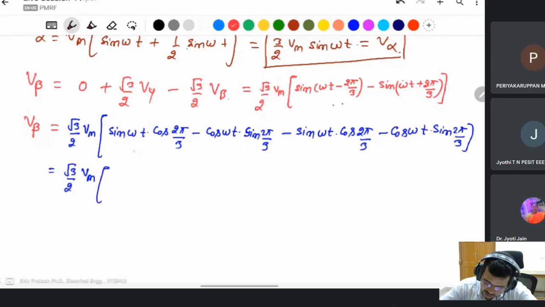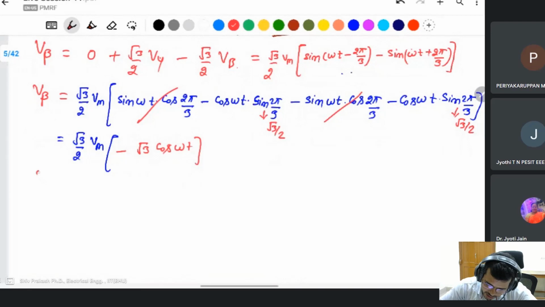The sine terms will cancel out. Sin 120 is root 3 by 2, root 3 by 2, and cos is also root 3 by 2, so it will be root 3 only, minus root 3 cos omega t.